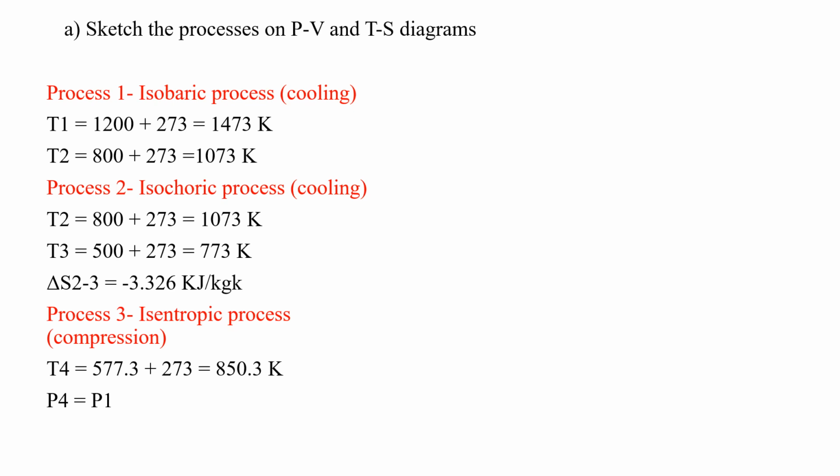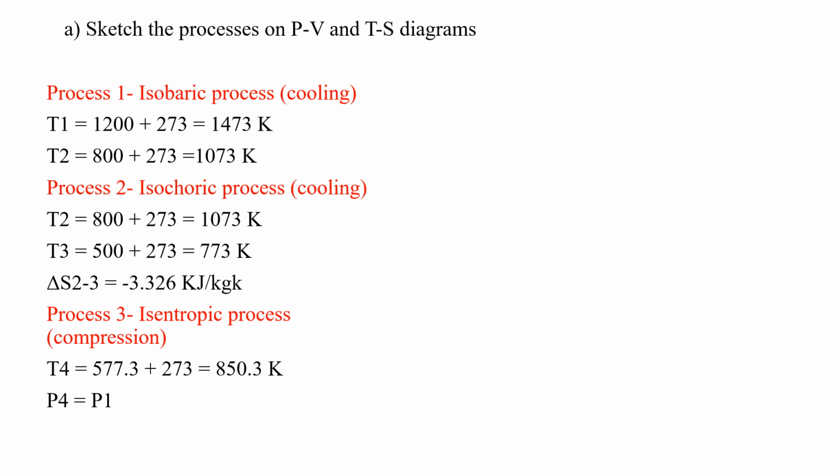By going through the question, we can see that we have got three processes. Process 1, isobaric process from T1 to T2, cooling, and then process 2, isochoric process, which is a cooling process from T2 to T3.